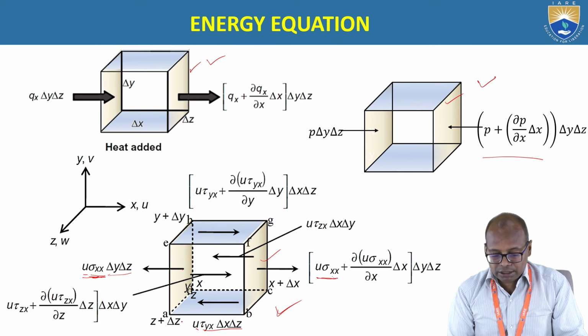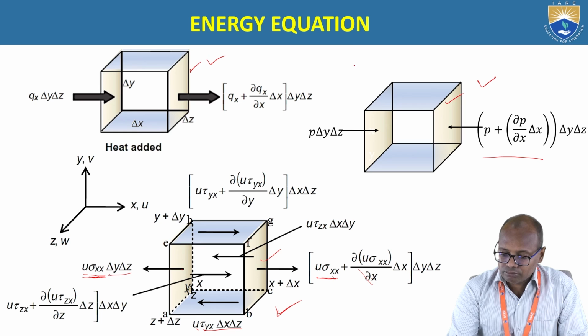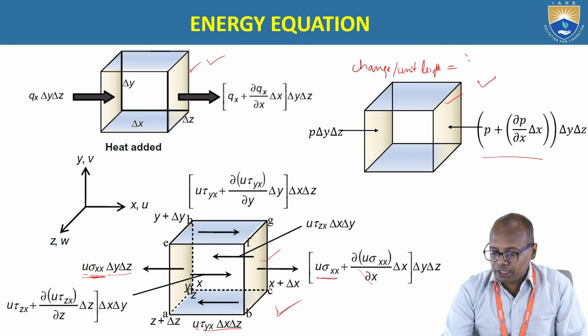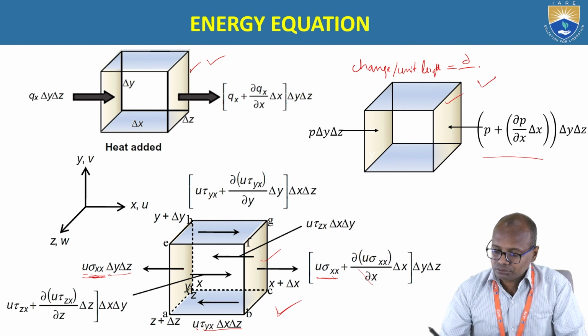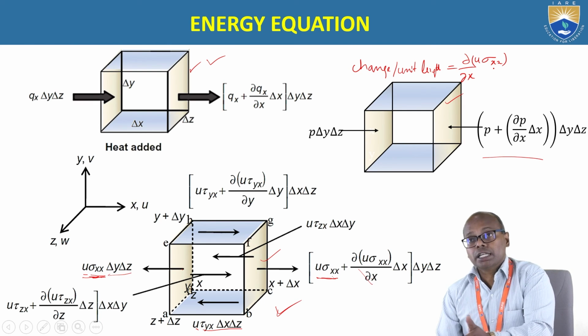Because this product is changing in the x direction, I have taken dou by dou x of u sigma xx, and this is the change per unit length.